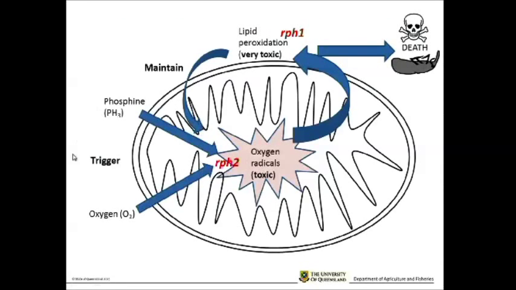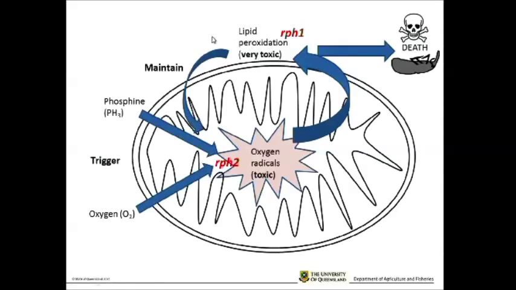Now, to just provide a bit more context, how we think this works together: aerobic respiration is essential for phosphine toxicity. Under very low oxygen, phosphine isn't a toxin. So that's essential to trigger the toxicity, and that's where RPH2 is situated, that resistance. And then we get reactive oxygen species produced that interact with unsaturated lipids, triggering a free radical chain reaction, membrane damage.